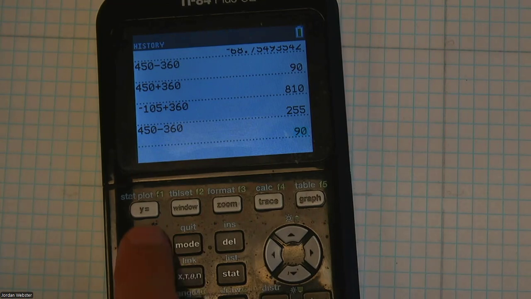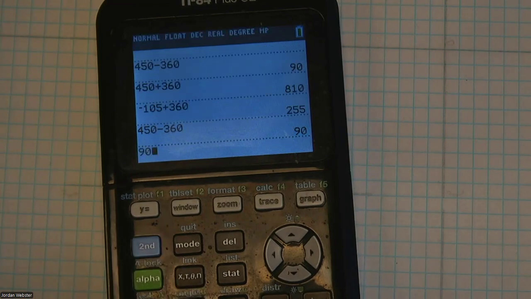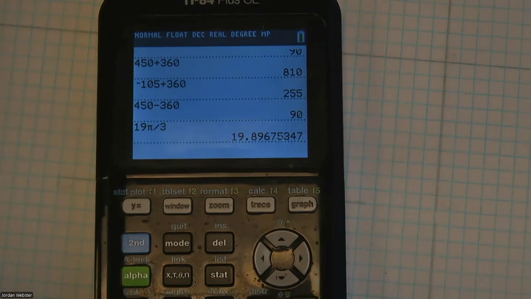I'm going to take 19 pi over 3. That is more than 2 pi. Remember, 2 pi is about 6.28.